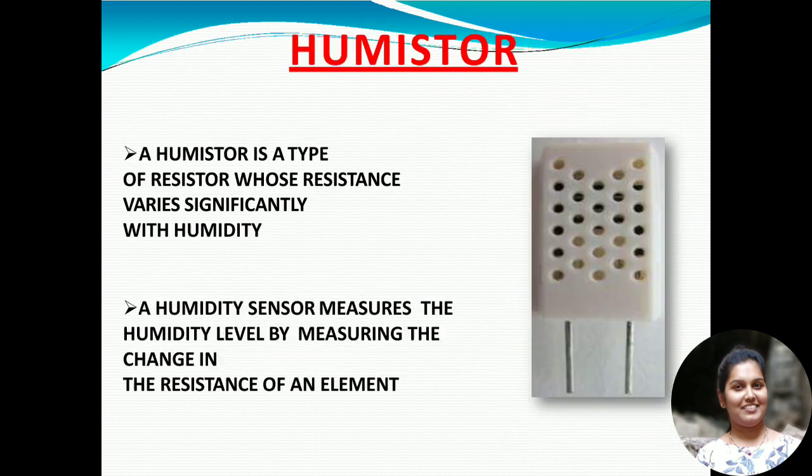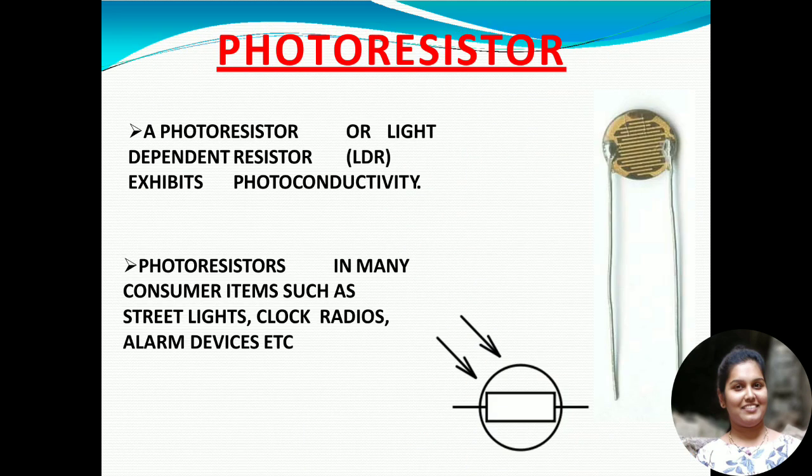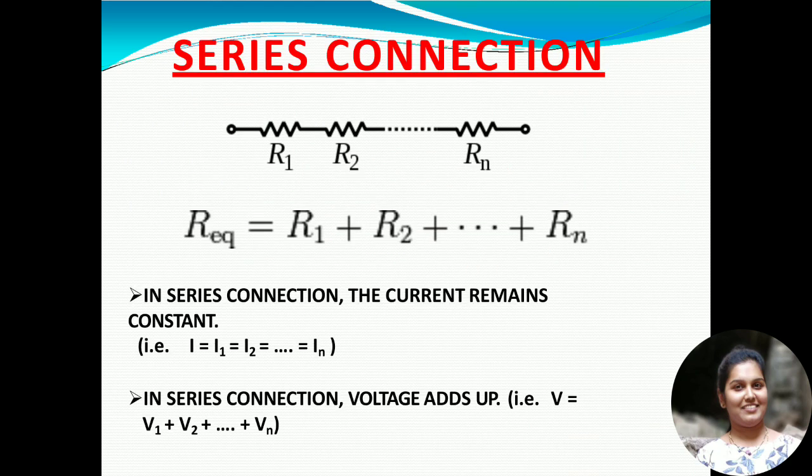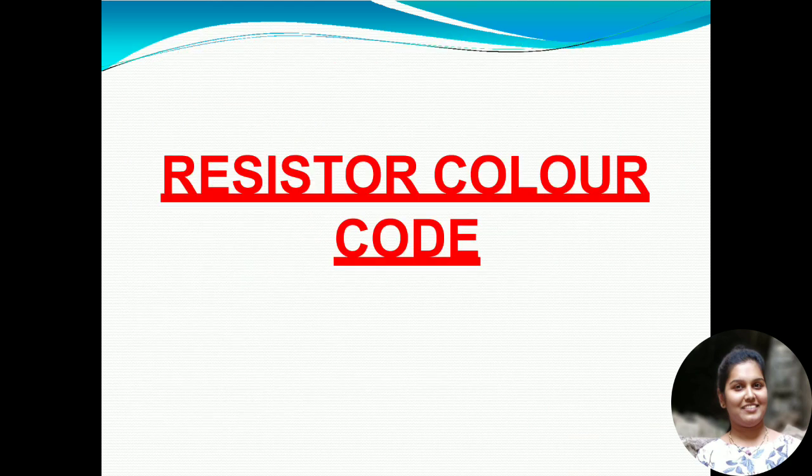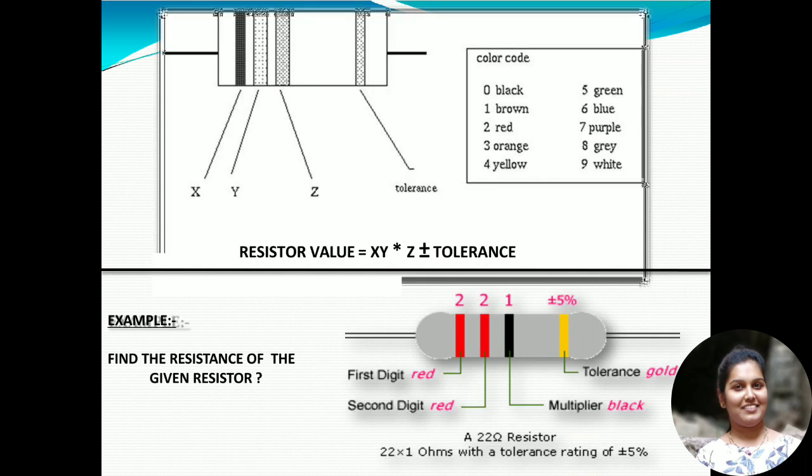The colors printed on the resistors give us the color coding value. By knowing the values of the colors, we can give the value of the resistor. That concept is nothing but resistor color coding.